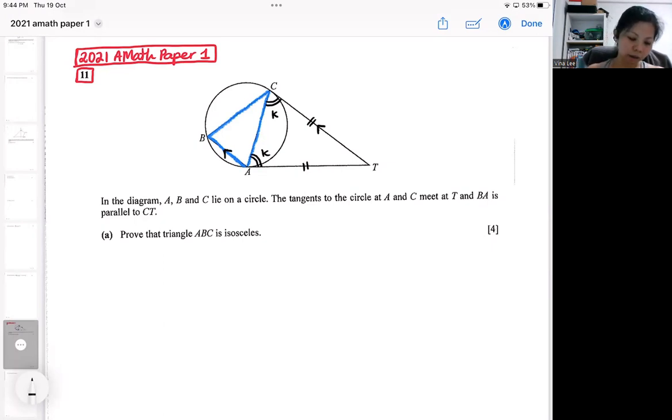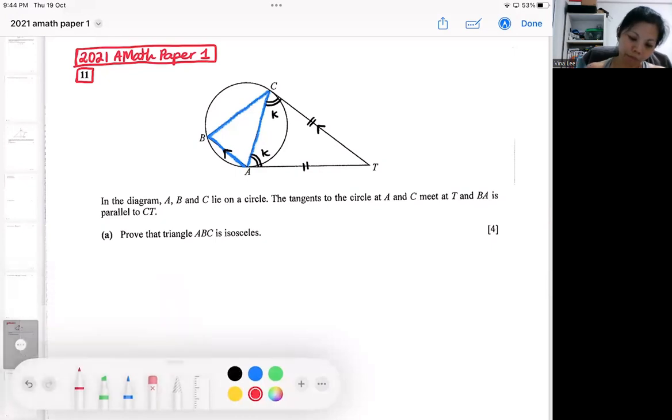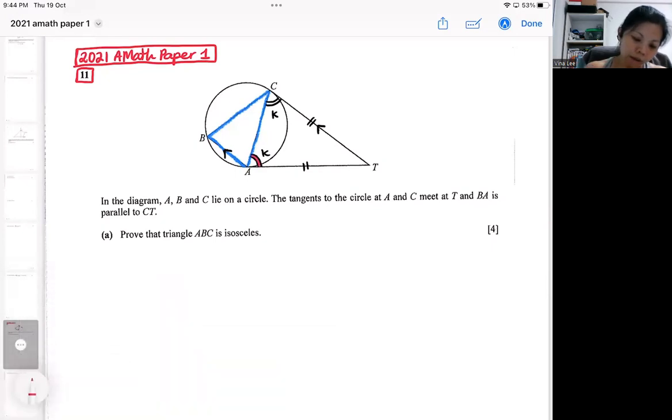Then subsequently, if I take a look, this angle is made by a tangent and a chord. So this angle will be the same as this angle. So angle ABC is also equal to k because of the tangent chord theorem.